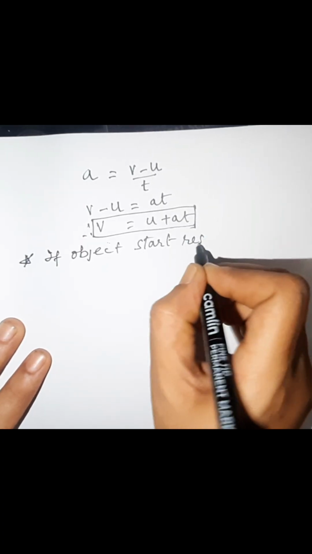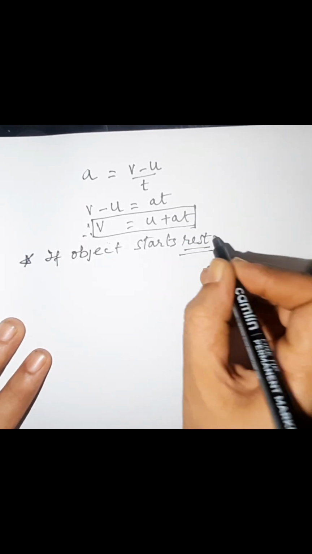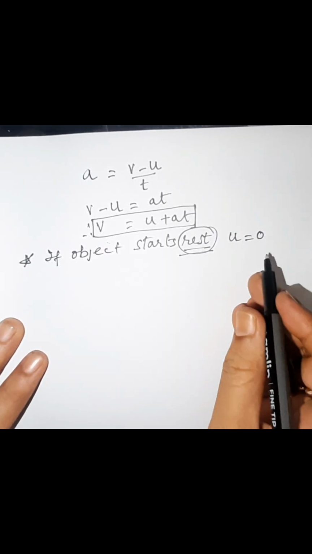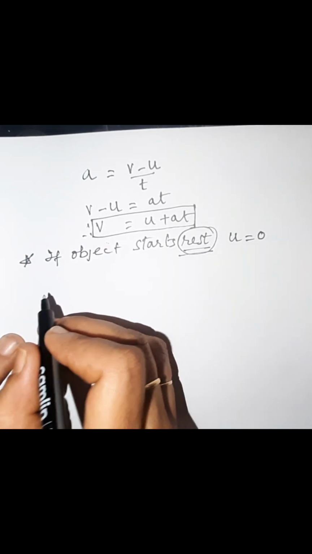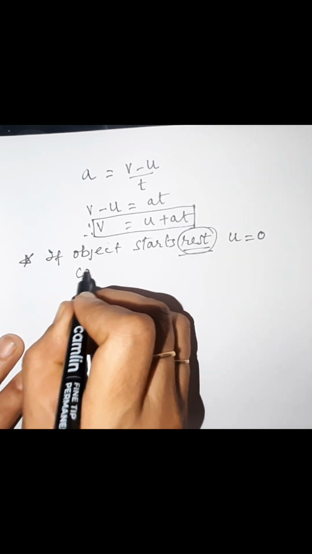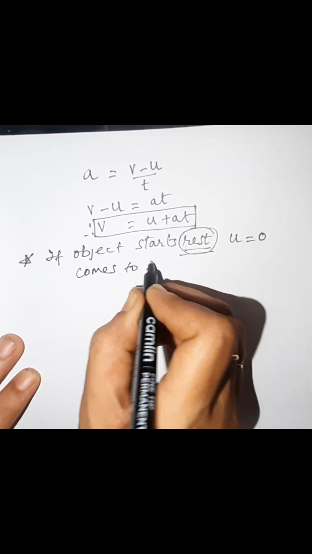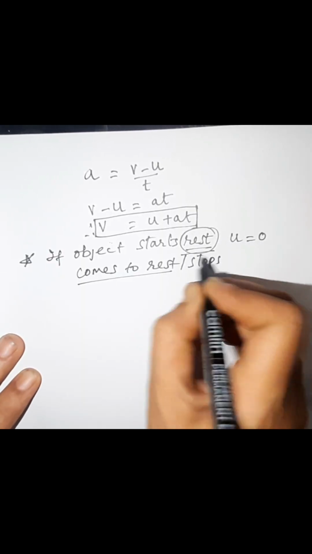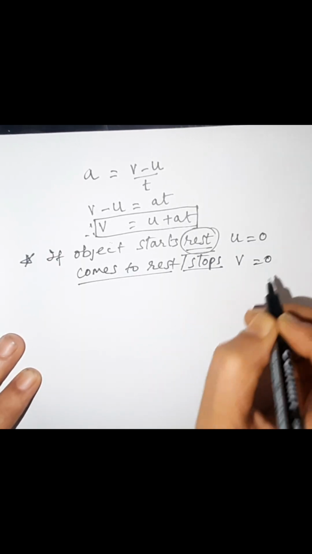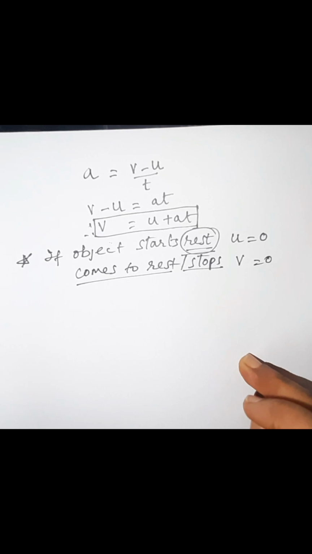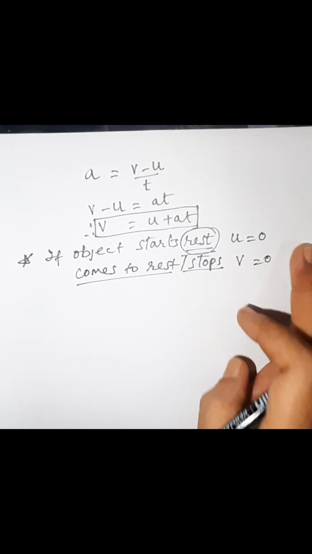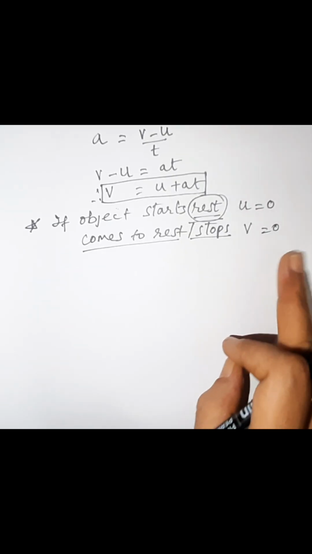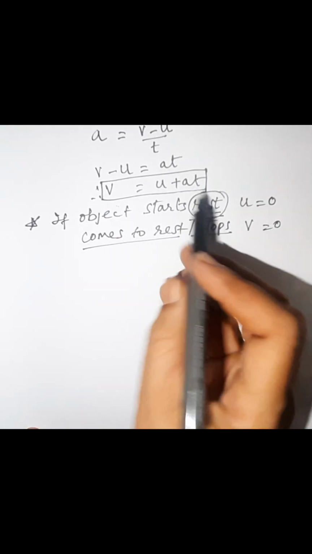If it is given that it starts from rest, for rest we will always consider u to be 0. Initial velocity is 0 as it is at rest. And if it comes to rest, it means it is getting stopped or it stops. In that case the final velocity will be 0. These are the important points: when the initial velocity will be 0 and when the final velocity will be 0.